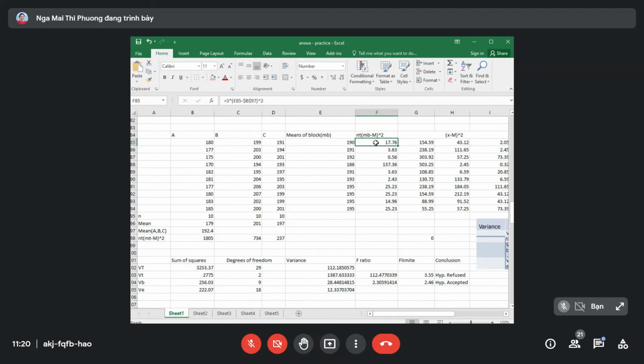So in total you will have 30 values of the upper part, the sum of square, because you have 30 observations. Then you calculate the sum of square of the variance of block, which equals the sum of all of them.